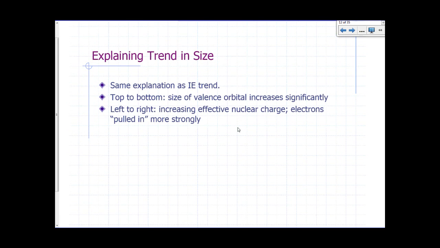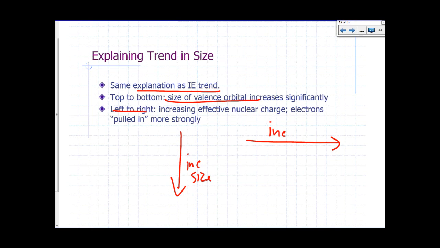How do you explain this trend in size? It's basically the same explanation as the ionization energy trend. Top to bottom, the size of the valence orbitals increases significantly. So as you go from top to bottom, you have increasing size. And as you go left to right, you have increasing effective nuclear charge Z, and you're going to have increasing ionization energy.